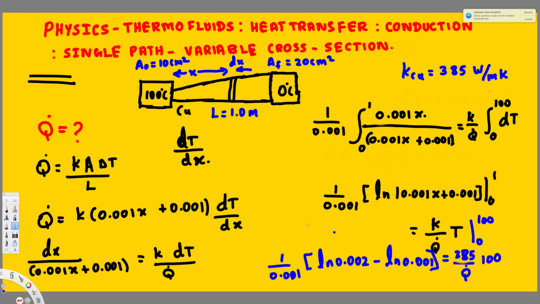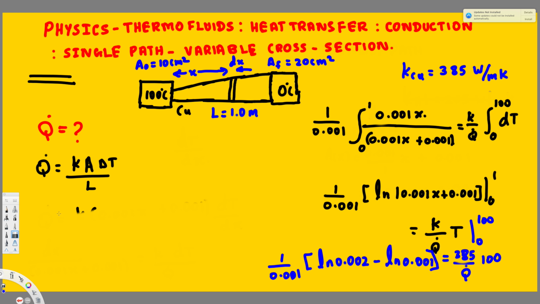Now let's continue this one right here. So here we are going to have 1 over 0.001. Now when we have ln that is subtracting each other, we can divide. So this is going to be ln of 0.002 over 0.001.